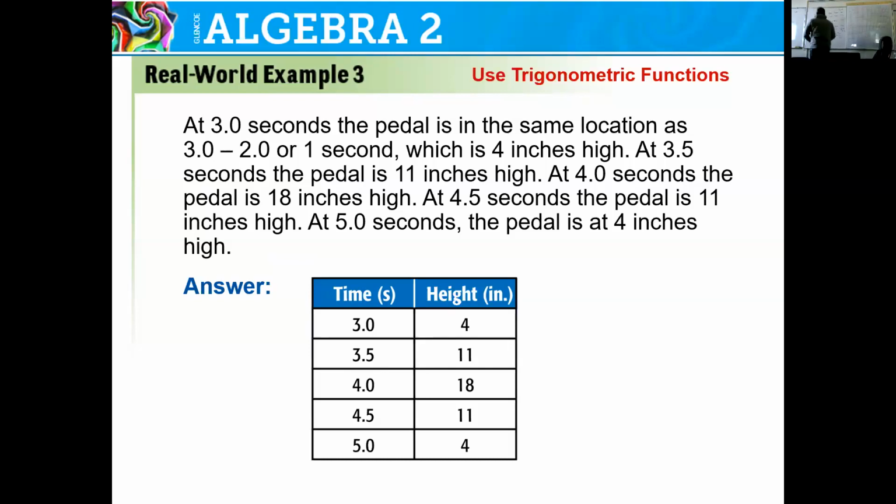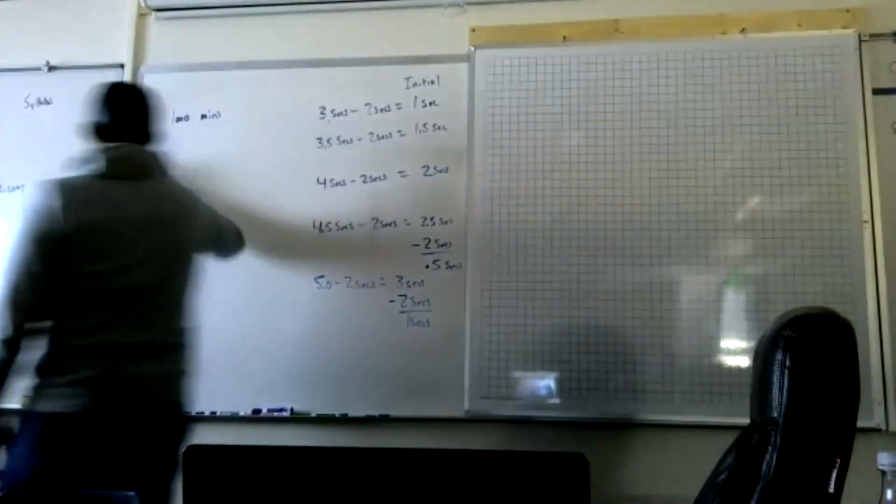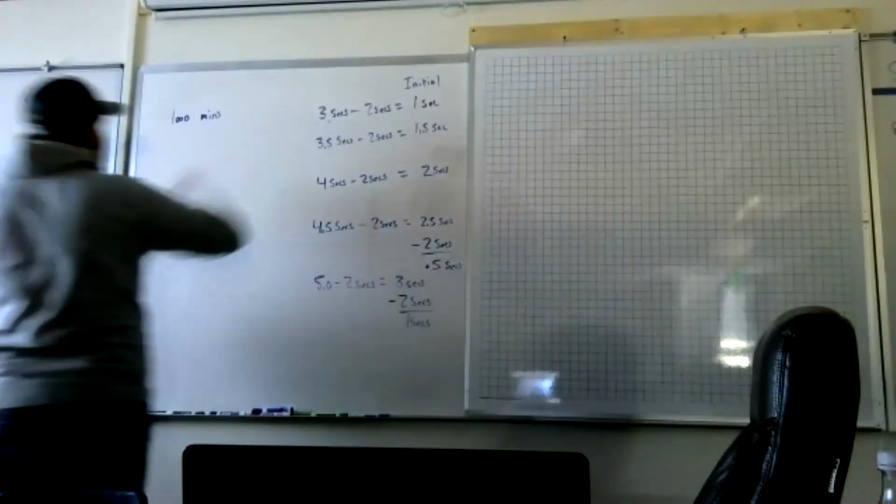So let's say they want us to figure out where the pedal position is going to be if somebody pedaled for 1,000 minutes. I can tell you that this person is very, very fit, because 1,000 minutes is a long time. But if I think about it logically, the cycle repeats every 2 seconds.